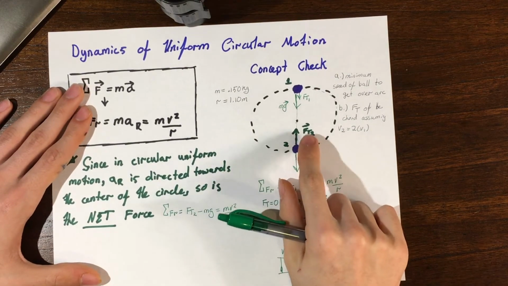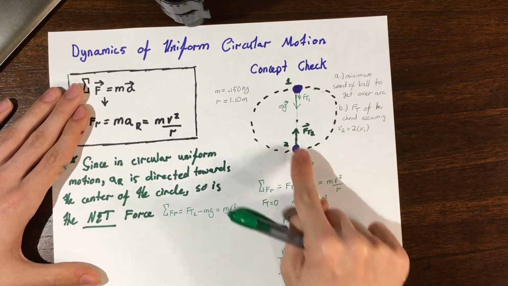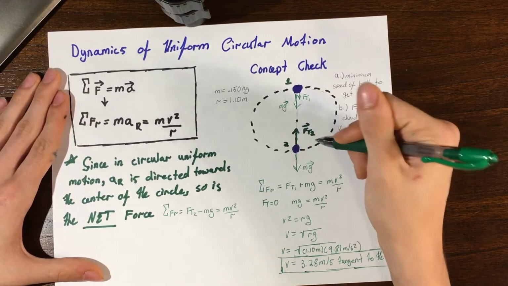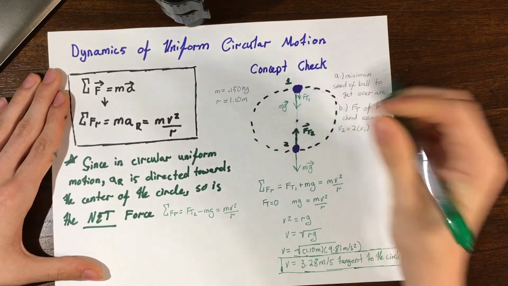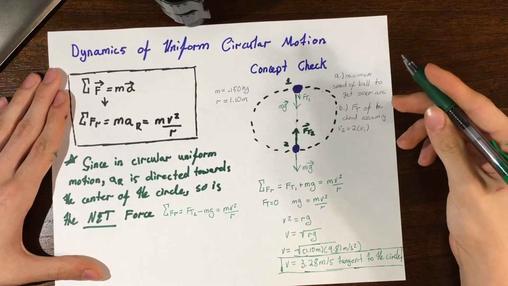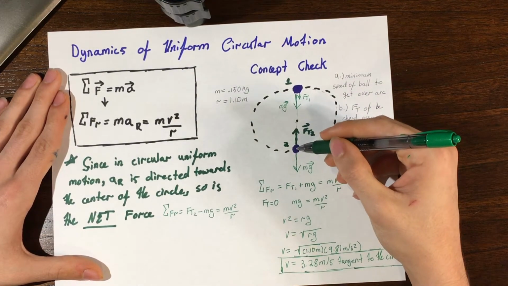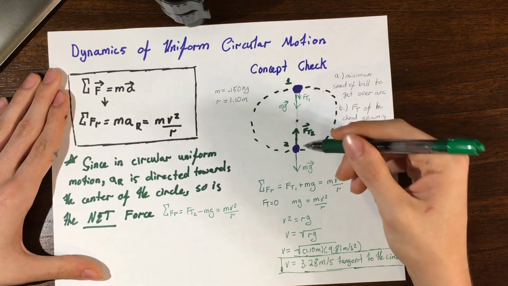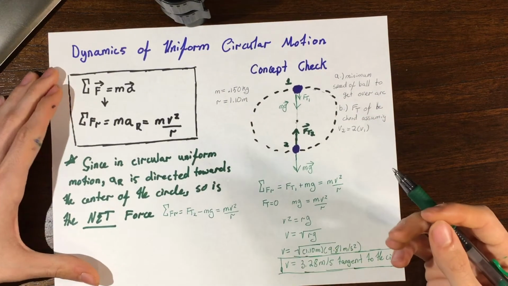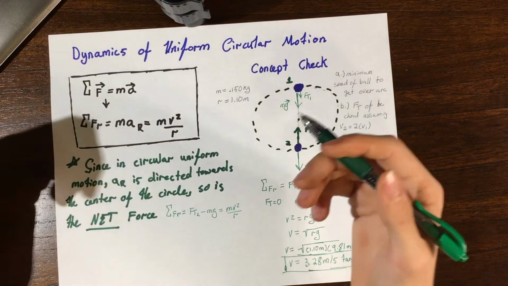Notice, I took force tension and subtracted mass times gravity instead of force gravity minus force tension, since, as we already discussed, centripetal acceleration is towards the center. The forces that act towards the acceleration are spurring that acceleration, and the forces acting in the opposite direction of the acceleration are acting against it, so you subtract them. I gave an example in a previous video of the tug of war.